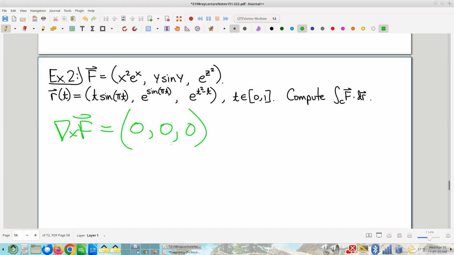At no point are we going to be taking the y partial of the second entry. And so they're all trivial little partial derivative calculations there. So cool, anti-gradient exists. Fundamental theorem of line integrals is on the table, and that's nice.